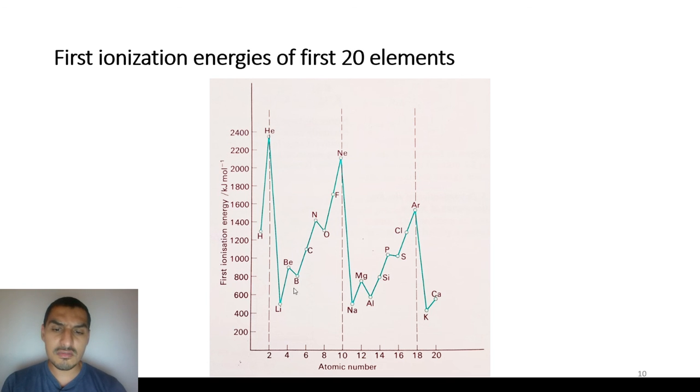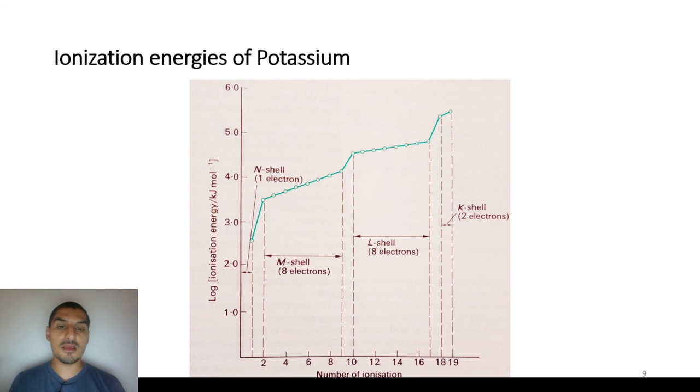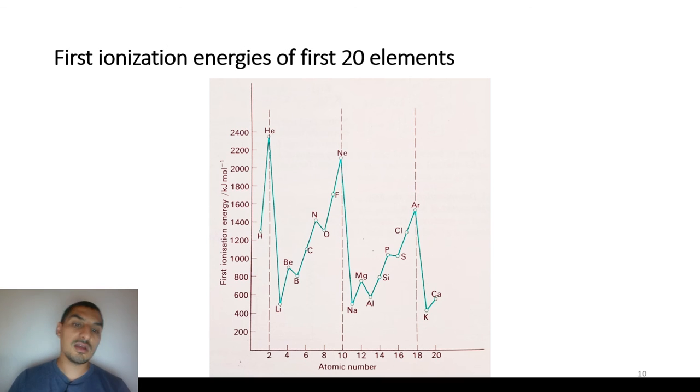It gets more and more difficult till you reach neon, where the energy level is saturated, and then the same pattern is repeated. So from this we could confirm our results that we got from the previous plots for the ionization energies of one atom, to the ionization energies of different elements.